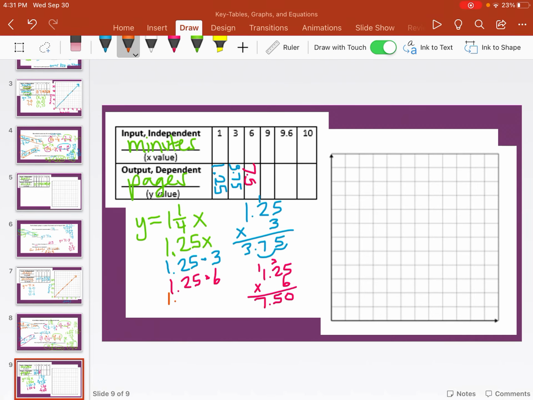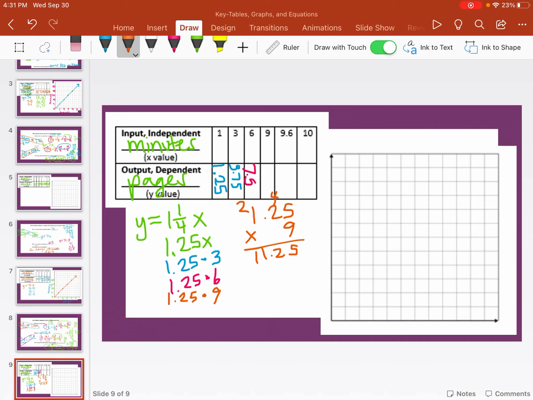Then I have my 9, so 1.25 times 9. 9 times 5 is 45. Carry my 4. 18 plus 4 is 22. And 9 plus 2 is 11. Put my decimal back in. 11.25 or 11 1/4.